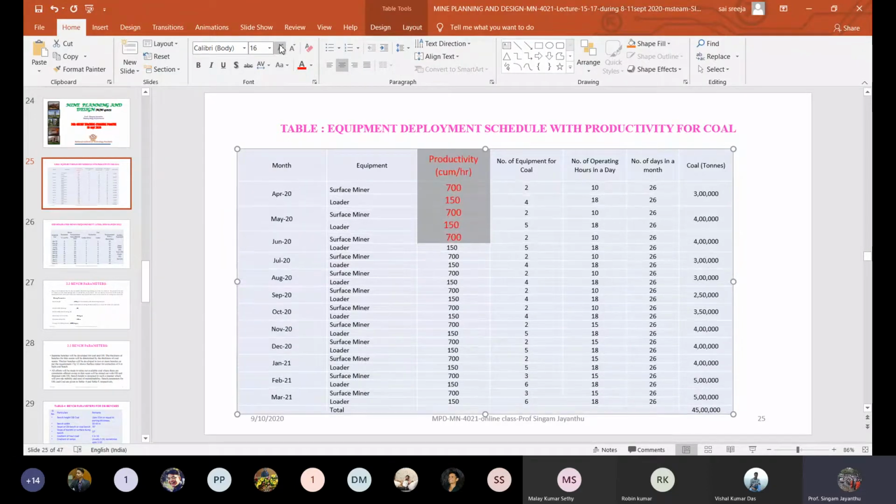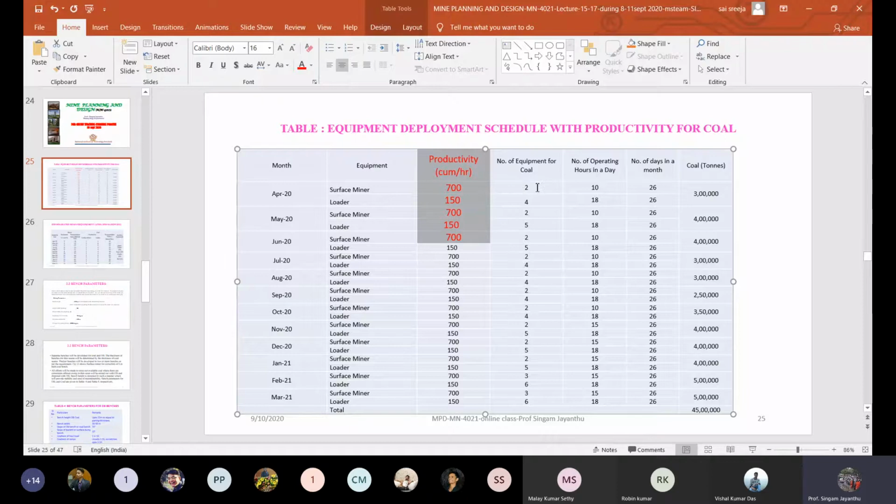With this much productivity, when a surface miner is selected, how many surface miners are needed? I am starting from the production scheduling issue, where in April there is a surface miner which has a capacity of about 700 cubic meters per hour.